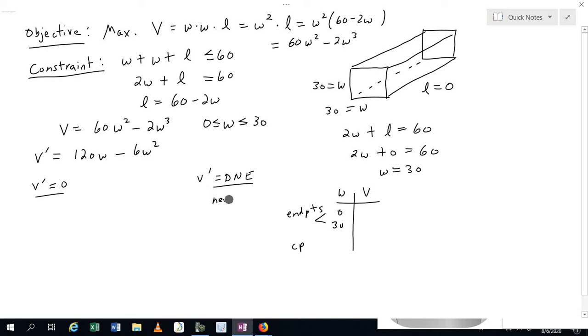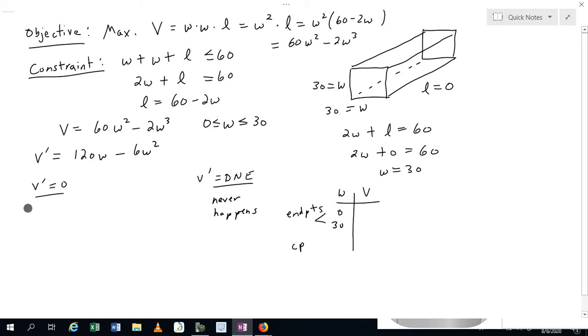So this never happens. This derivative exists for all values of W. It's also a polynomial, right? Polynomials exist everywhere. The domain of a polynomial is minus infinity to infinity. So we don't get any critical points from this particular case.